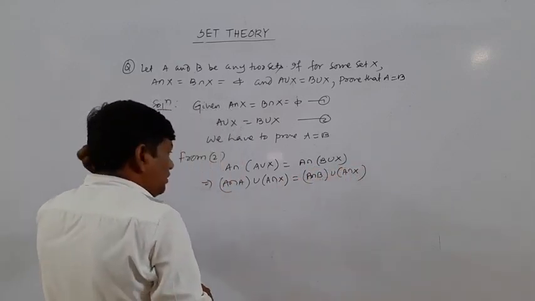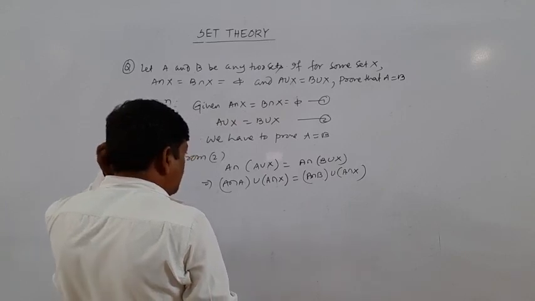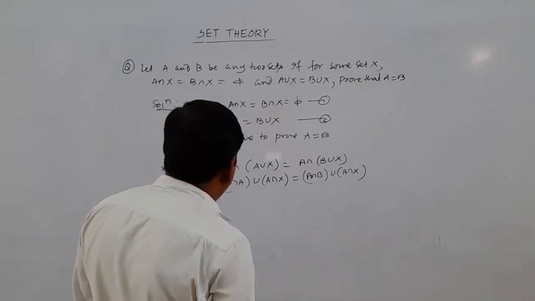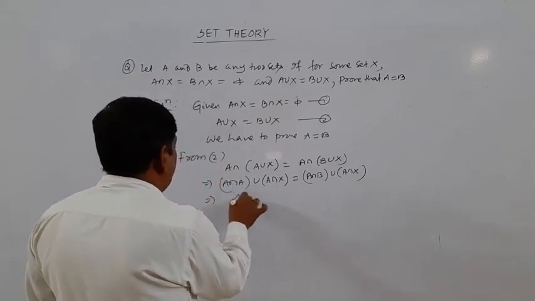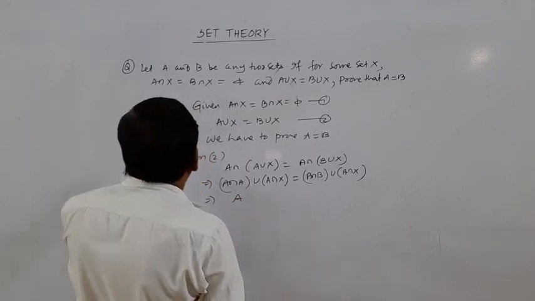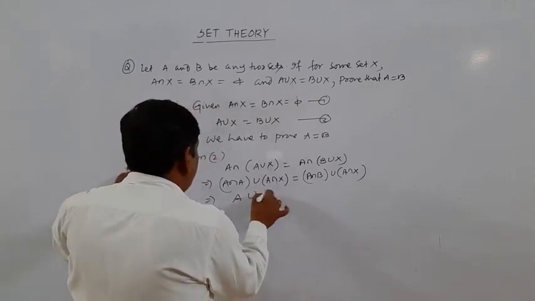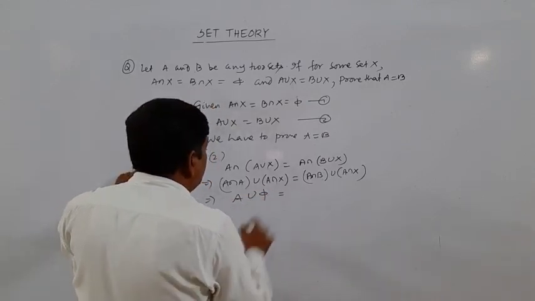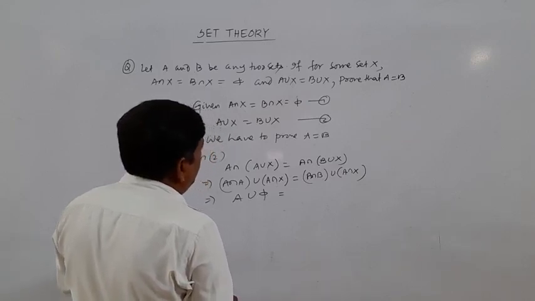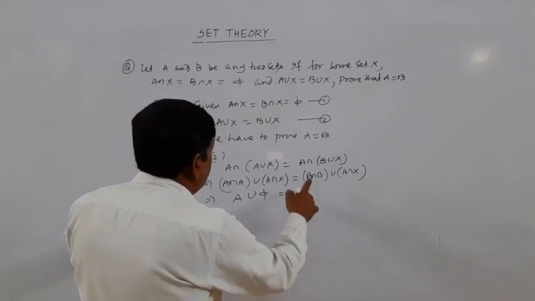Here, A intersection A is equal to A, and A intersection X is phi. So we get A union phi equals A intersection B union phi, that is A equals A intersection B.